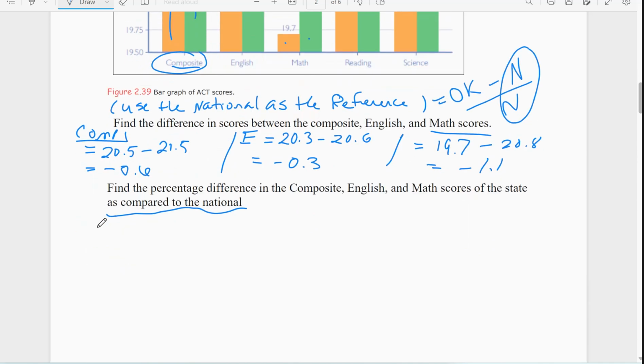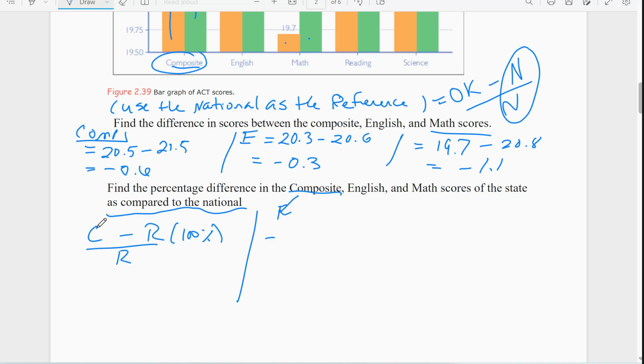All right, and so when we do the percentage, remember it's the amount, so what we're comparing, it's the comparison. So compare minus the reference divided by the reference, right? These should both be reference values times our 100%. All right, so for composite first. Composite.